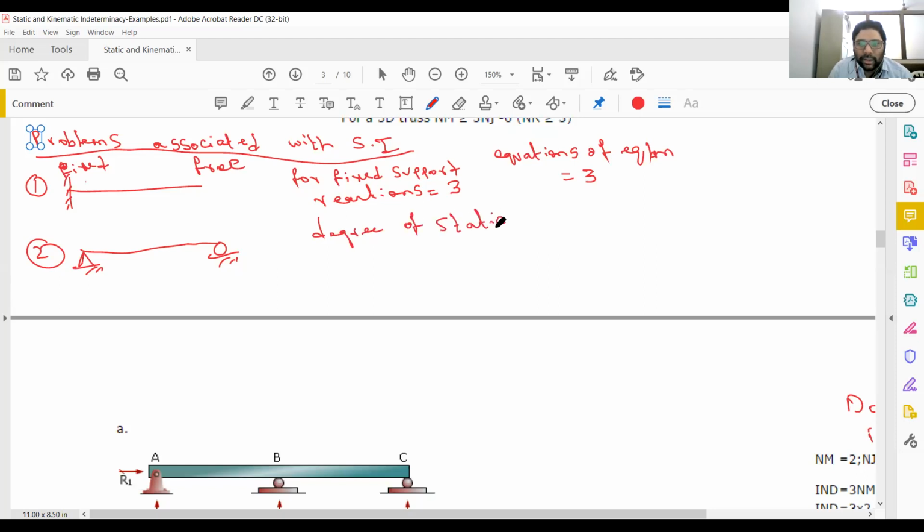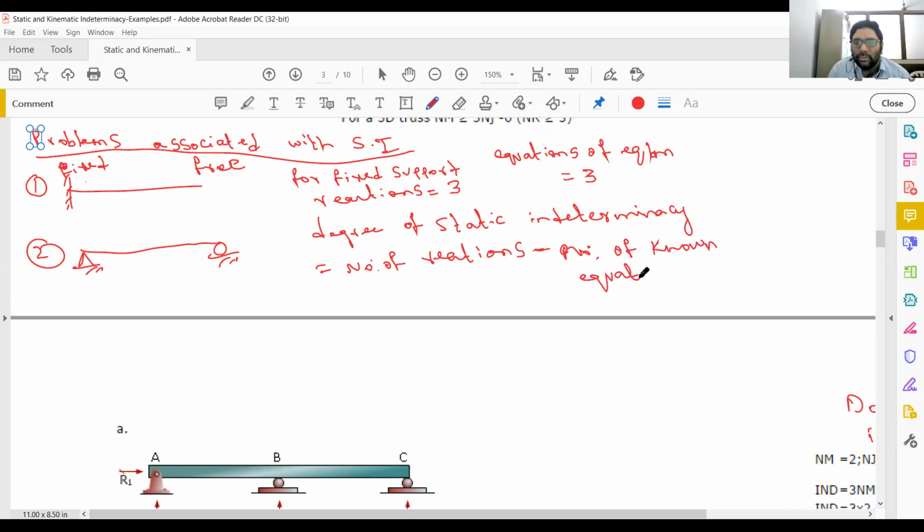Now, degree of static indeterminacy. All of you listen carefully. Degree of static indeterminacy is equal to number of reactions minus number of known equations.